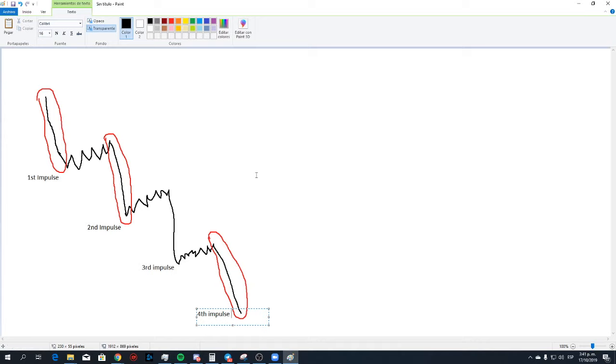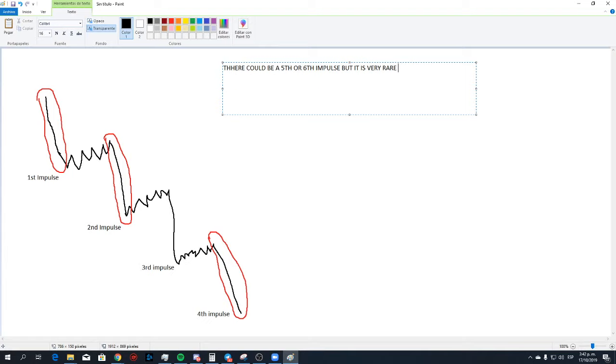Okay. So here we got four impulses, and I always look for the fourth or fifth impulse. It is very rare to find a fifth or sixth impulse, but it could happen. Let me type it here. There could be a fifth or sixth impulse, but it is very rare, you know.